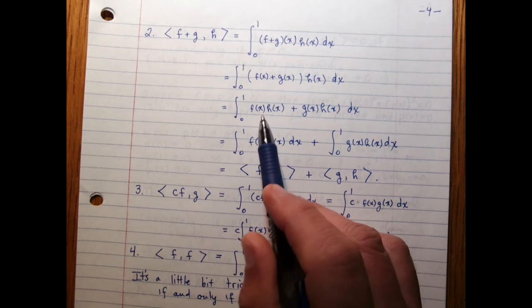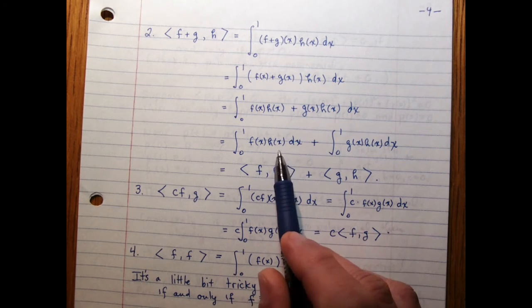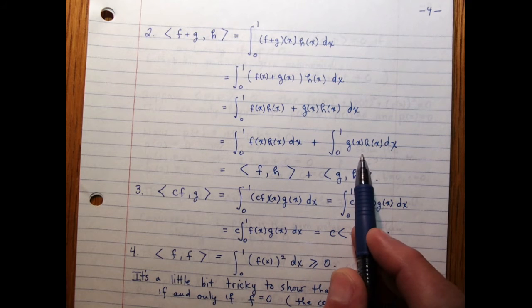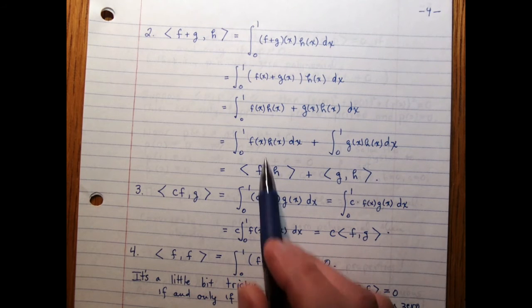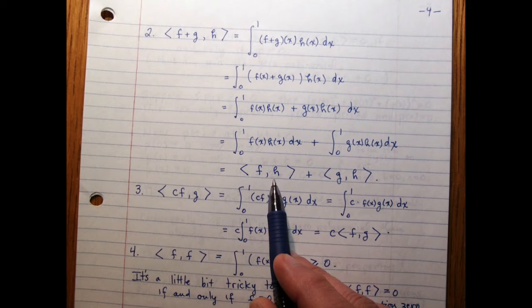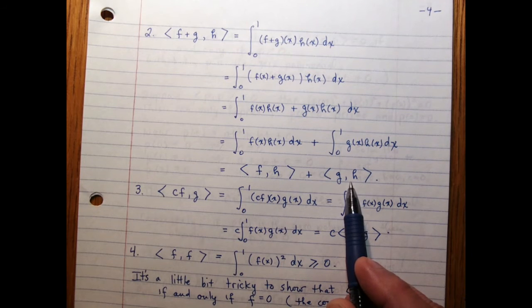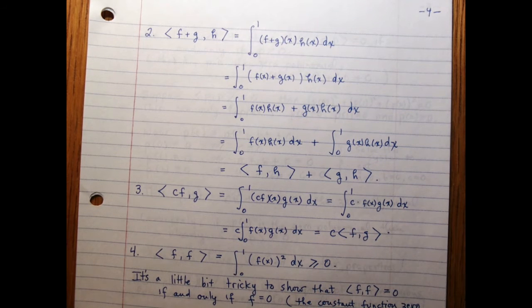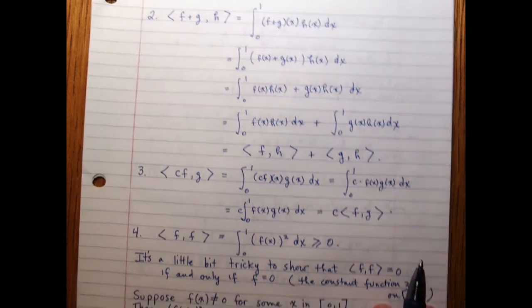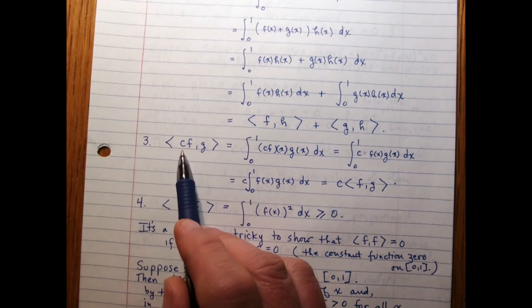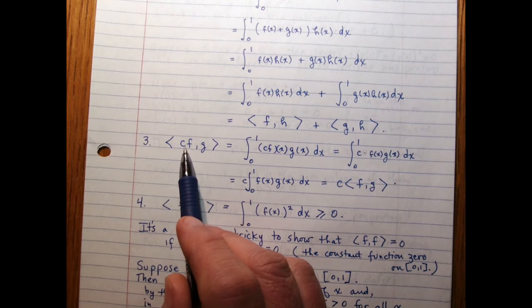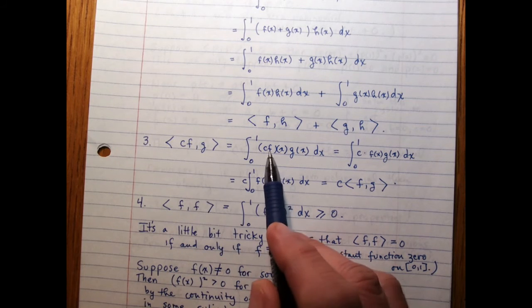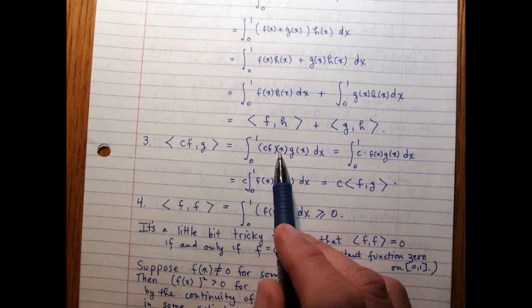And because the integral of the sum of two functions is the sum of the integrals, I can take that apart as two separate integrals. And that's just the inner product of f and h plus the inner product of g and h. So there, property 2 is verified. Property 3, that's that scalar multiplication. So I'm going to use c times the function f for my first function.